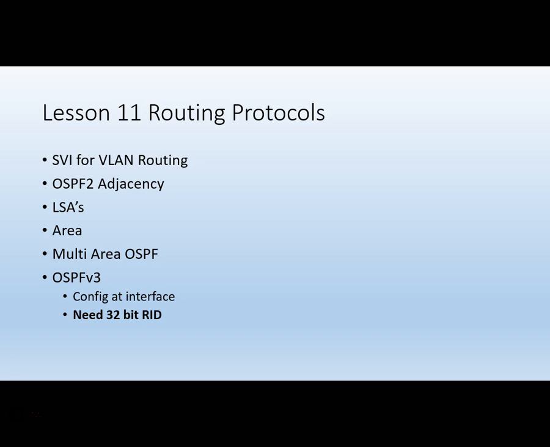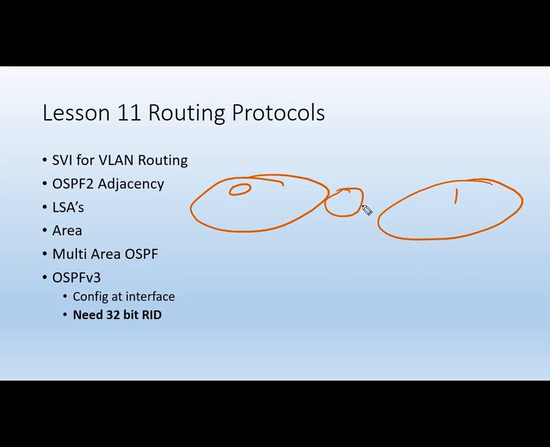What these are going to do is have a NIC in each area. So if we had area 0 here and area 1 here, we would have a router here with an interface in area 1 and an interface in area 0. And then the area border router will send routes across each of these.